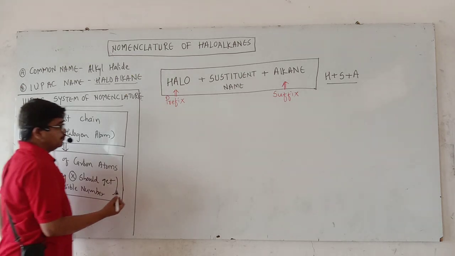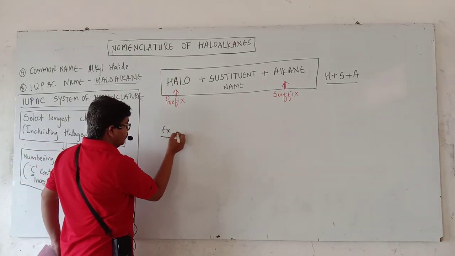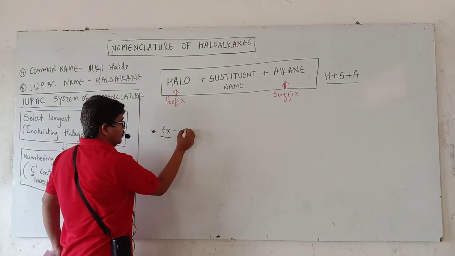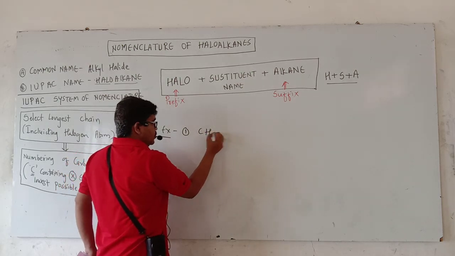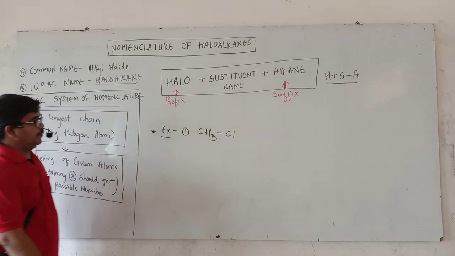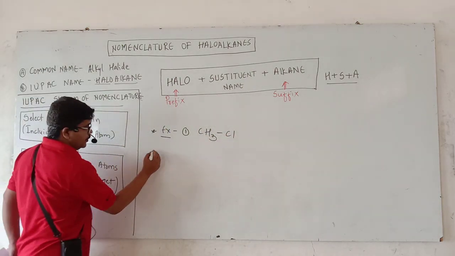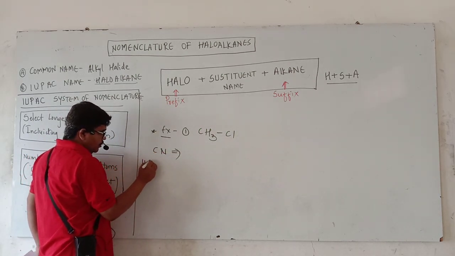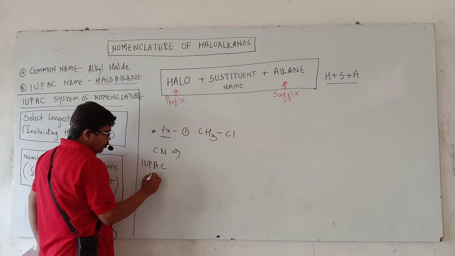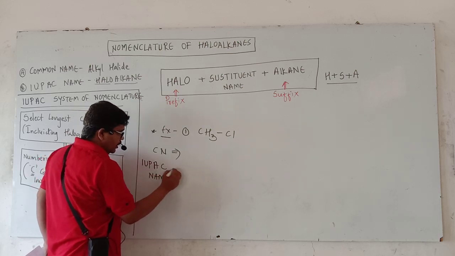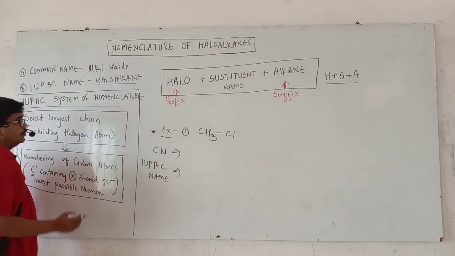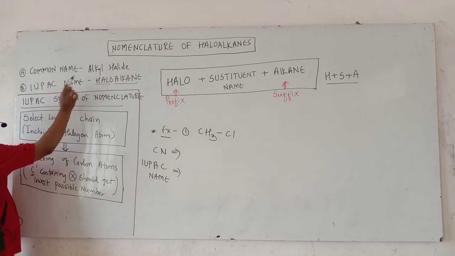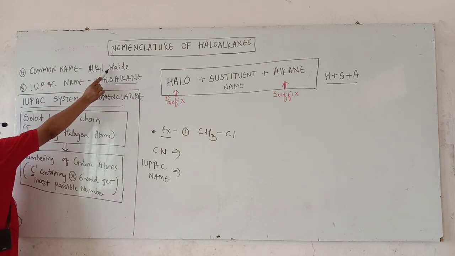For example, consider CH3Cl. So what will be its common name and what will be its IUPAC name? Now you know that the common name we write in the form of alkyl halide.